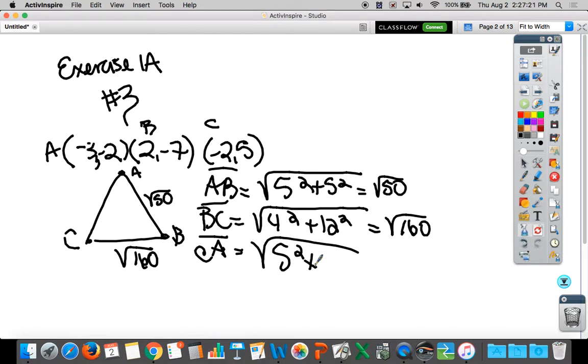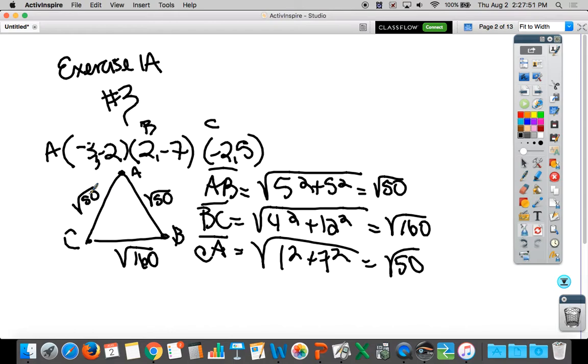Wait a minute, did I write something in wrong? Let me look at it again. -2, 5. Okay. So that's 1 squared, right? Here we go. And then that's 7 squared. So that's 1 and 49. There's your square root of 50.